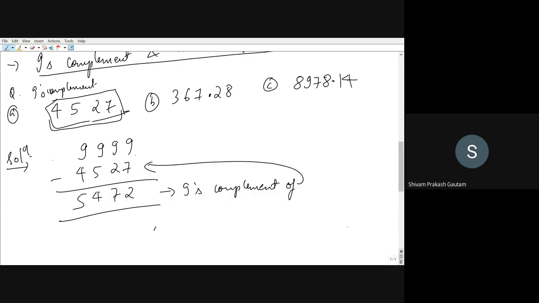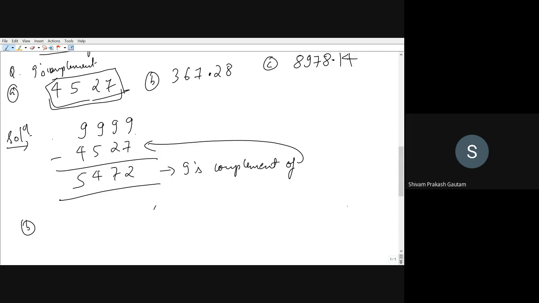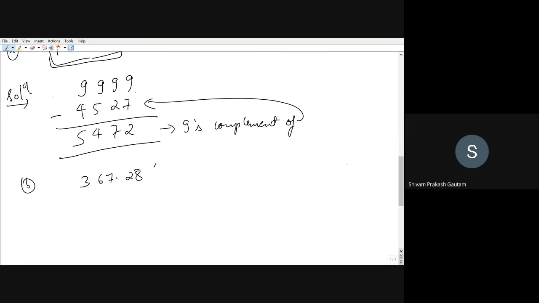Similarly, for the second part, 367.28. For this number, if you want to calculate the nines complement, again you see how many digits are there. Before the decimal it is 3 digits. After the decimal there are 2 digits. So you have to form the maximum number out of those digits.